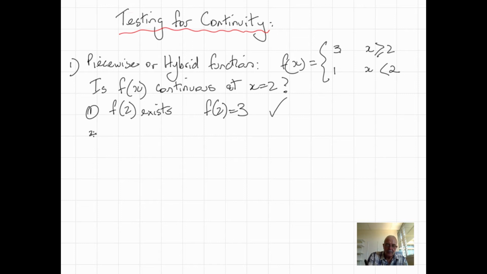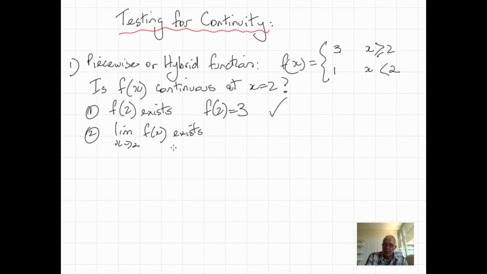The second test is that the limit as x approaches 2 of f of x exists. So we've got to test that. Is that indeed true?